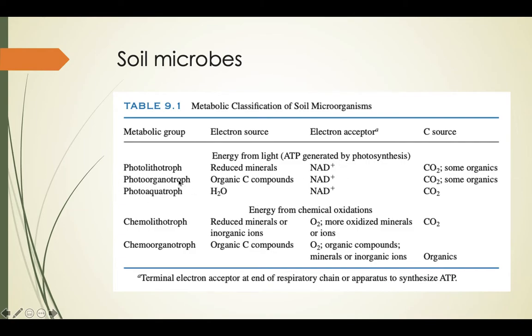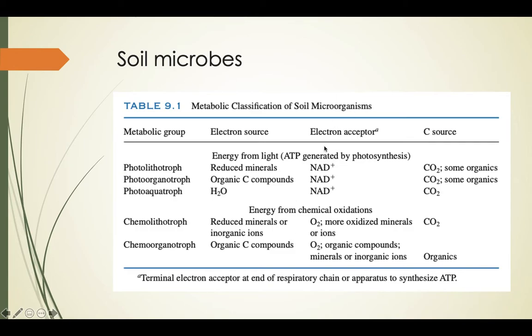For a photolithotroph, reduced minerals. For photoorganotroph, organic carbon-containing compounds. For photoaquatroph, we have water. And for chemolithotroph, we have reduced minerals or inorganic ions. For chemoorganotroph, we have organic carbon compounds as their electron sources.